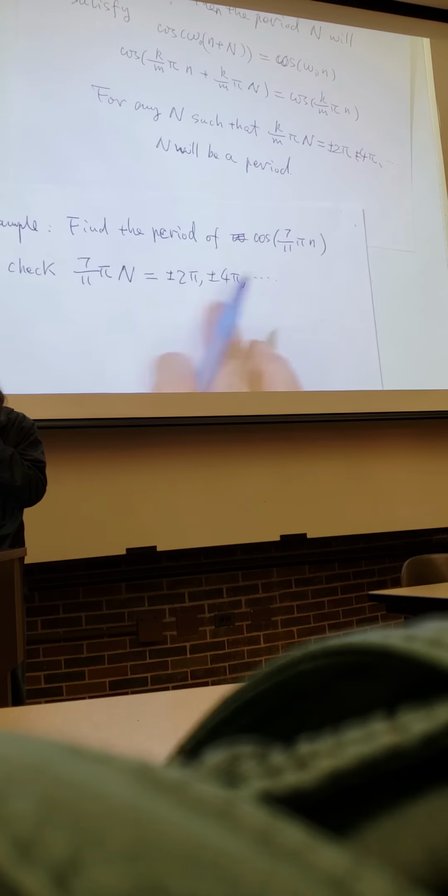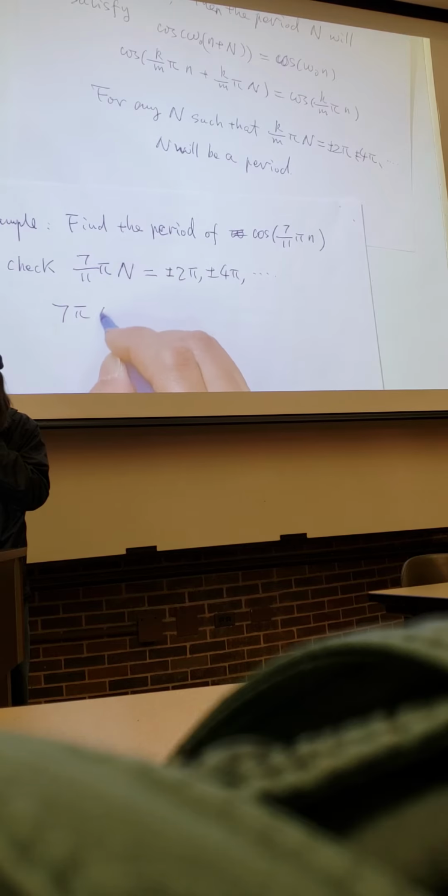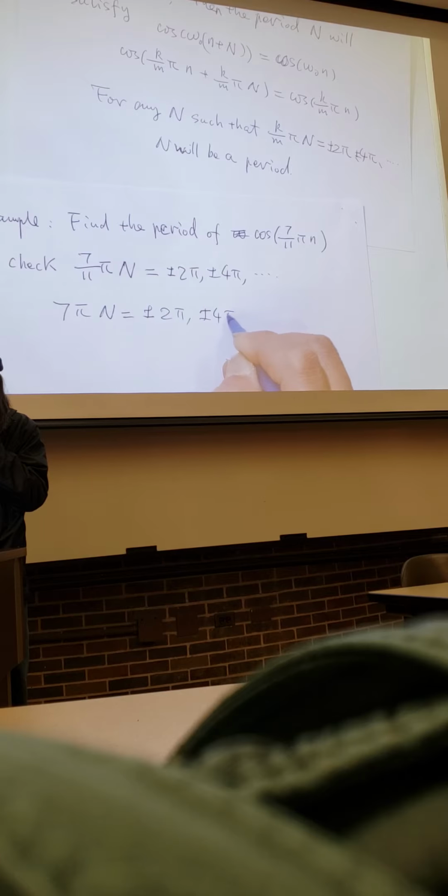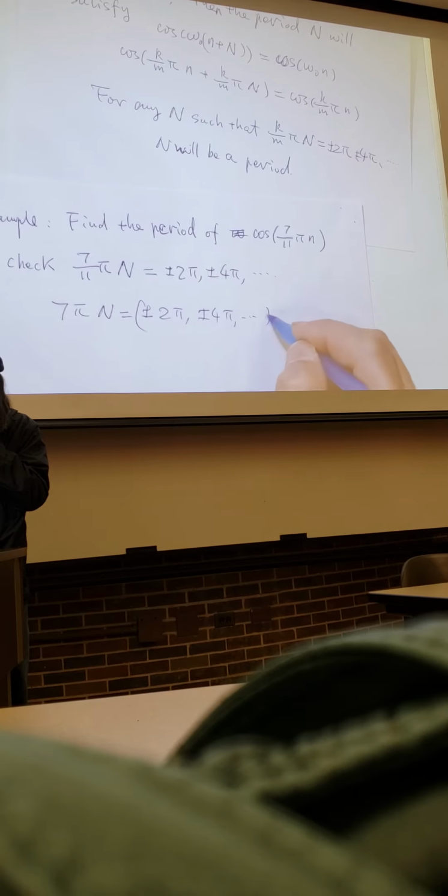So I multiply by 11 on both sides. So I have 7 pi N equal to plus or minus 2 pi, 4 pi, and so on, times 11.